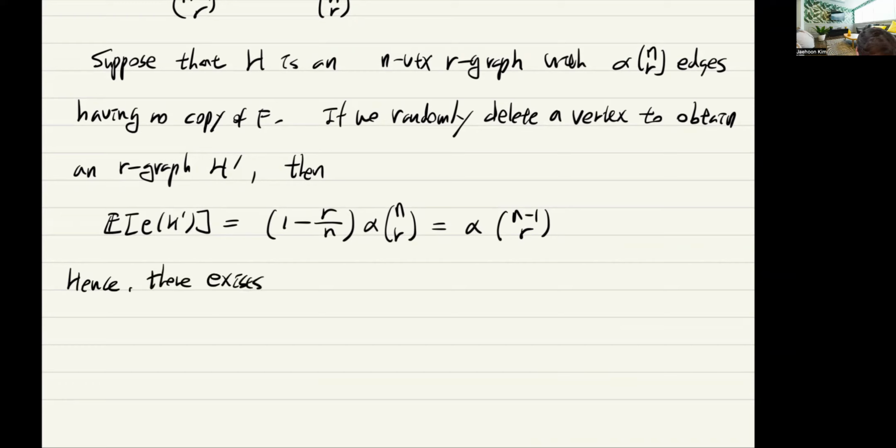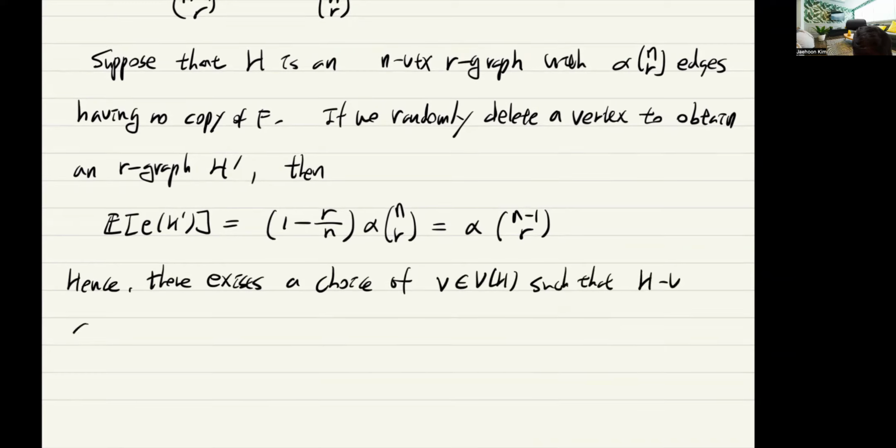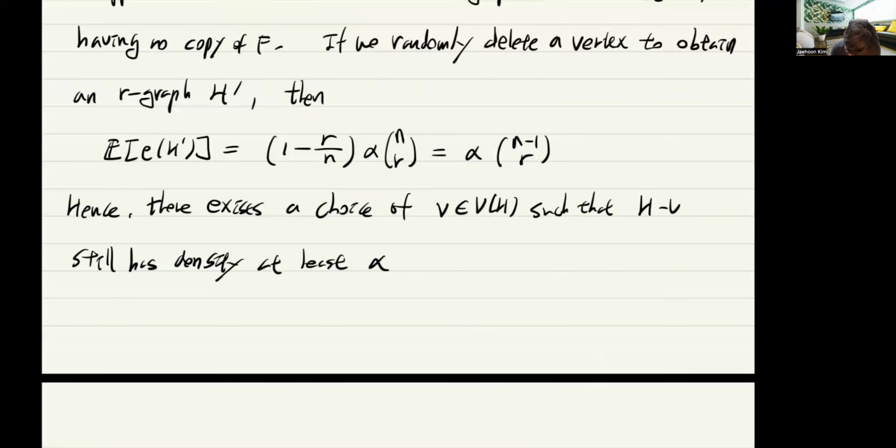There exists a choice of vertex in H such that H minus that vertex has density at least alpha. The expectation is alpha, so there must be a vertex which does at least as well as this expectation. So we can find a vertex whose deletion leaves a graph with density at least alpha.